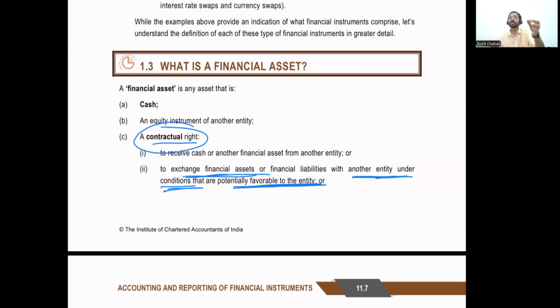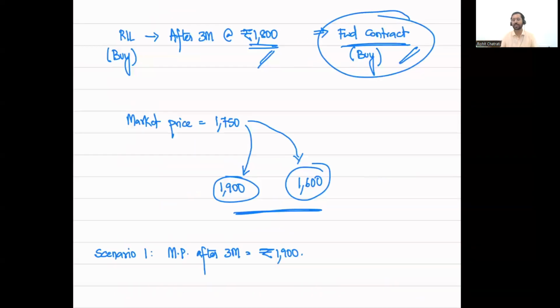Remember, an equity investment in equity shares of Reliance is a financial asset for me. So I have a right to receive a financial asset. Exchange of financial asset is nothing but receiving a financial asset from another entity. Obviously, I would have entered a forward contract with somebody else. So I have the right to receive these Reliance shares from someone else under conditions that are favorable for me, because I only have to pay 1800, but I'm receiving an asset which is worth 1900.